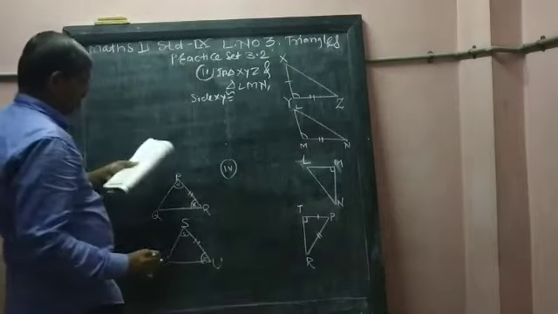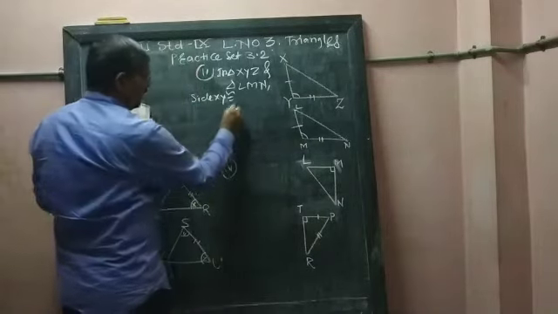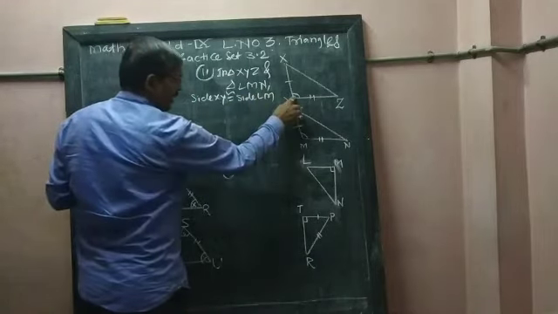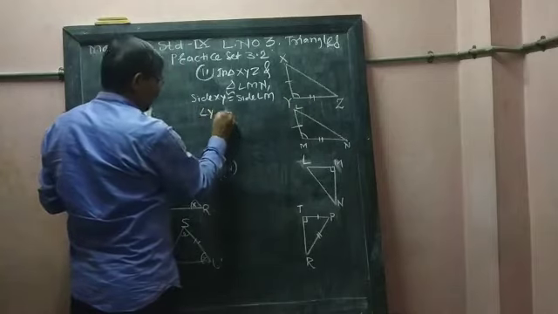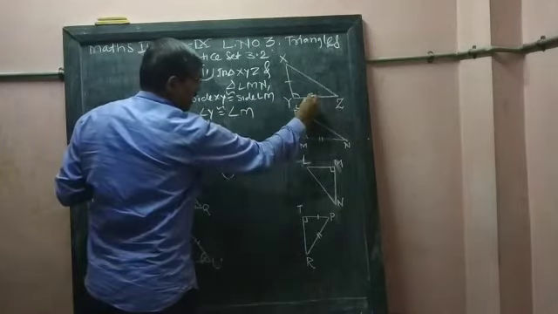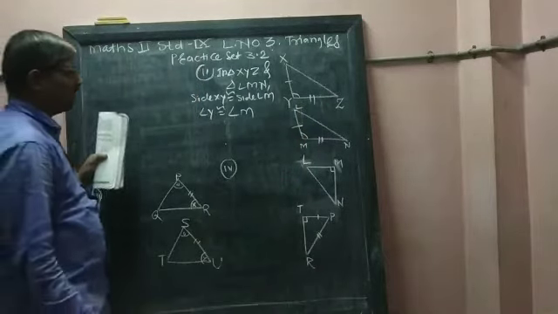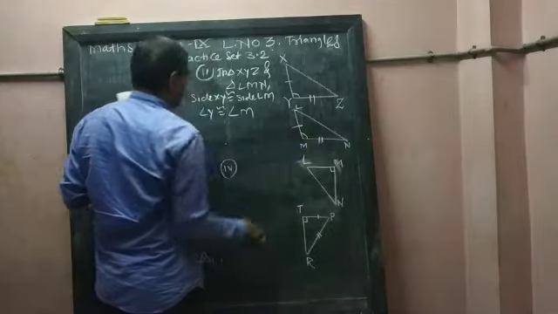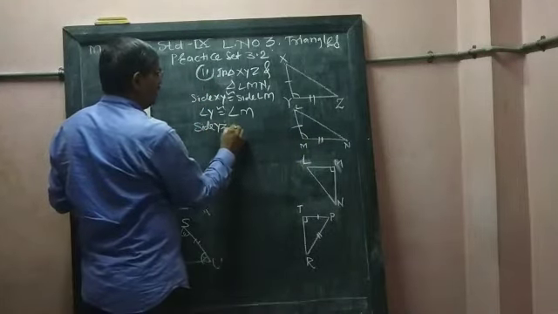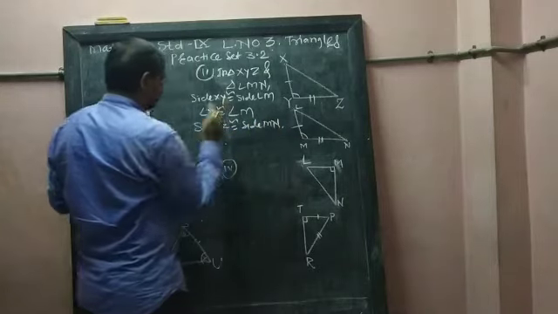Here the single marker is not mentioned. I am going to mention it. This is LM. So side LM. Okay. Now angle Y is congruent to angle M. And here two marks are given, two lines are given. It means that side YZ is congruent to side MN.